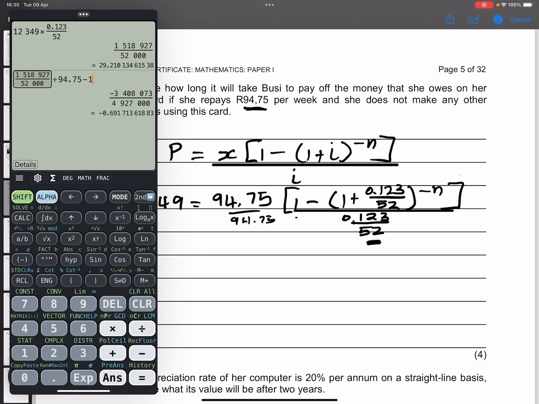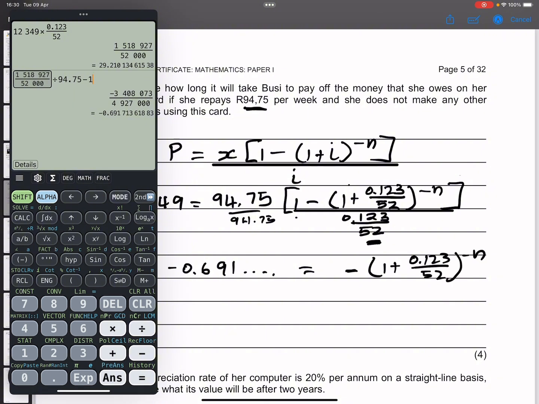I get a value of minus 0.691, and I'm not going to remove that answer. Now remember, I'm left with this in the bracket, so that's 1 plus 0.123 over 52, to the power of minus n.